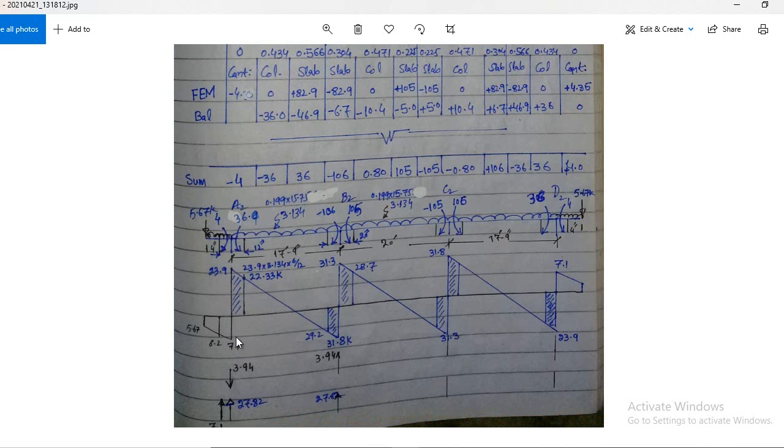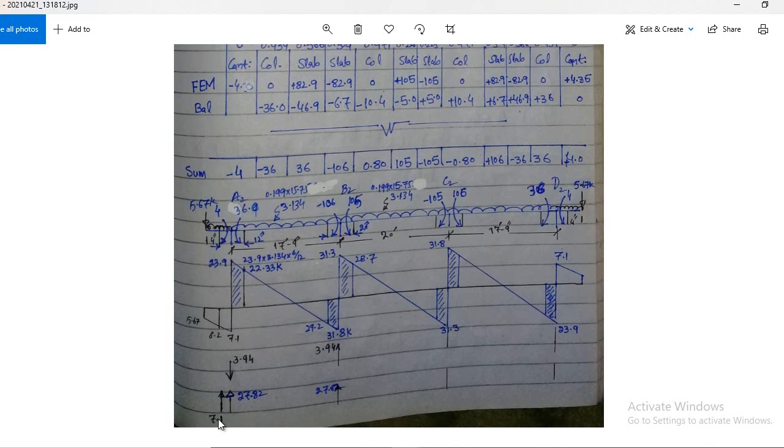So how do we get 7.1? It is 5.67 plus this UDL times this distance, that is 10 inch. So you got 7.1.